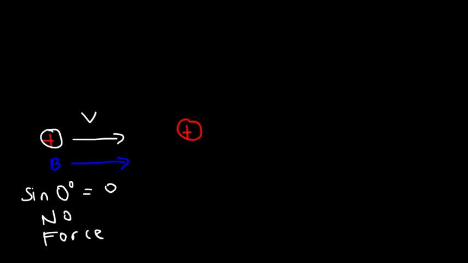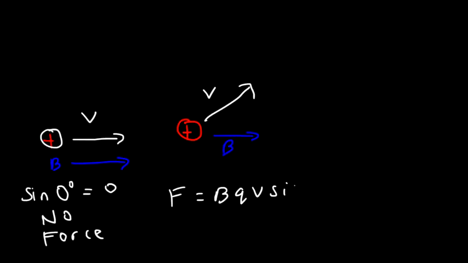Now, if the proton is moving at an angle relative to the magnetic field, then you can use the equation F is equal to BQV sine theta, where theta is the angle between the magnetic field and the velocity vector.